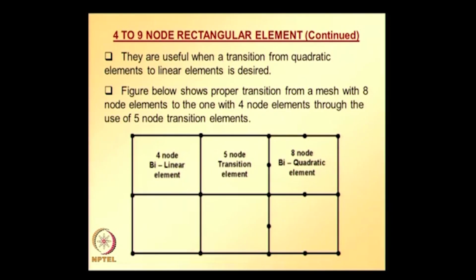And also now we will see what happens if we do not use these transition elements. Instead, if you take a mesh where we have 4 node element and immediately we have 8 node element, what happens?